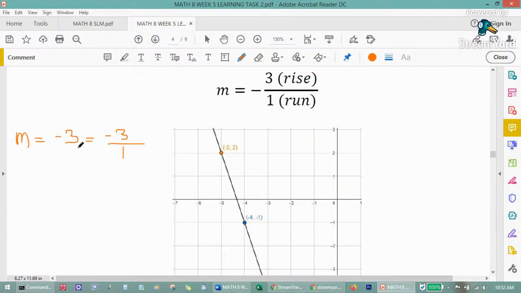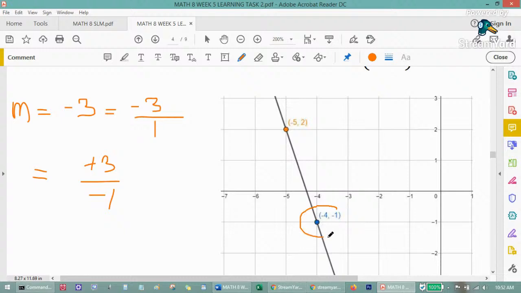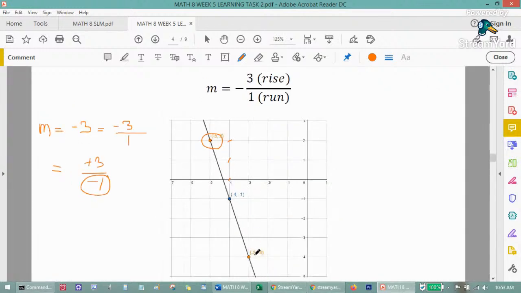At ang -3 is also equal to +3 divided by -1. So, simula dito sa original point natin, since positive ang rise natin, aakyat tayo ng 3. 1, 2, 3. And then, since negative ang run natin, pumunta tayo sa kaliwa ng 1 unit. So, makikita nyo yung pangalawang point ay nasa linya din ng graph. Okay? So, ibig sabihin, tama yung slope natin.